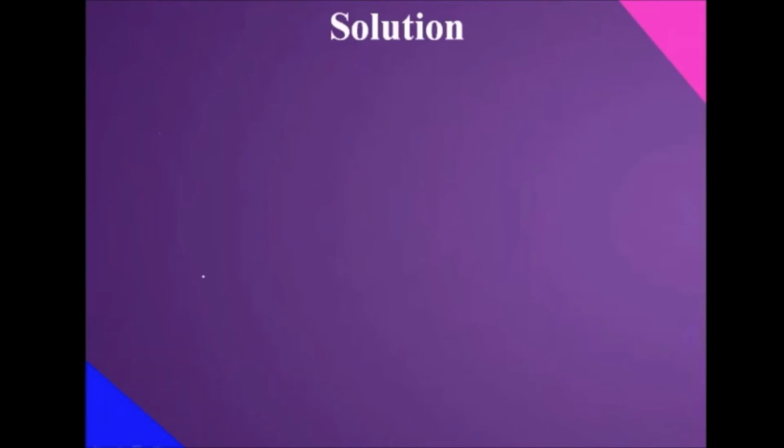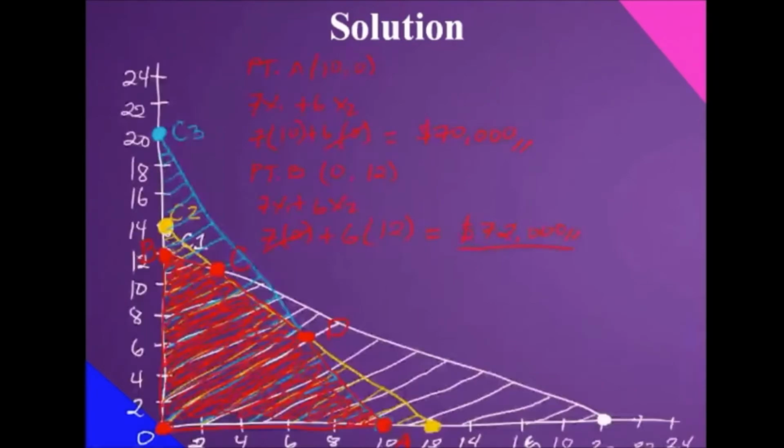So, for point C, pansinin natin, ano ba yung meron sa point C? Sabi dito, si point C, intersection siya ng orange and ng white. Ano yung orange? C2. Ano yung white? C1. So, ibig sabihin, pagsamahin natin yung equation ng constraint number 1 and constraint number 2.